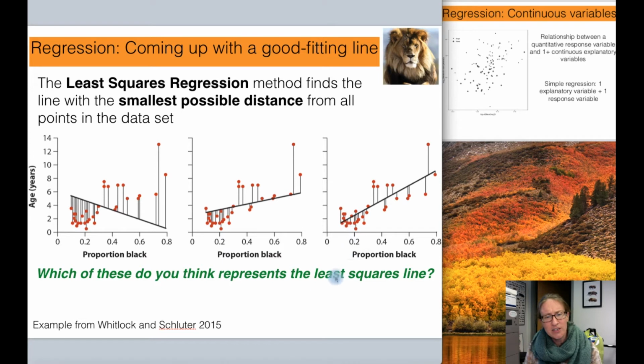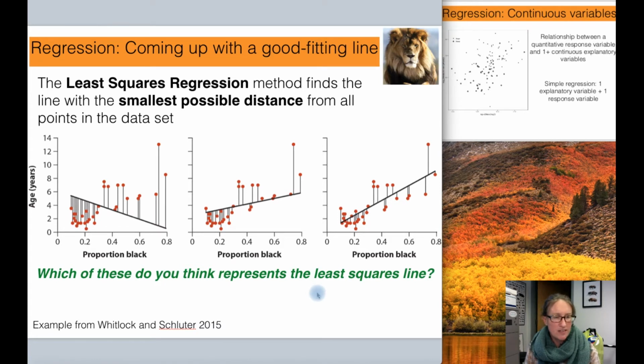Okay, so here's the method that statisticians have come up with for figuring out the good fitting line. The method is called least squares regression. What this method involves is finding a line where there's the smallest possible distance of that line from all of the points in a data set.